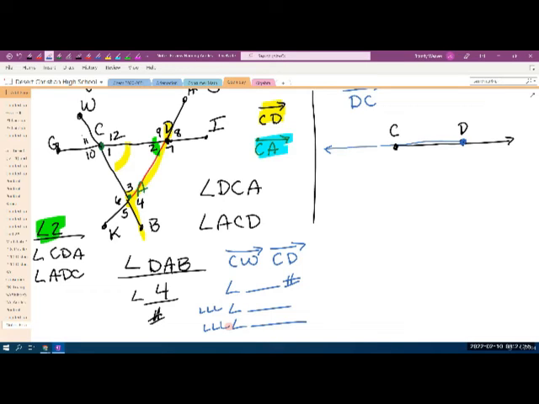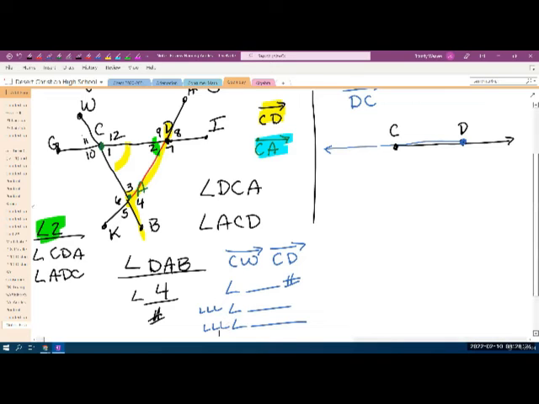Work with each other, figure it out. It's one angle that can be named with a number or with 3 letters in 2 different ways.